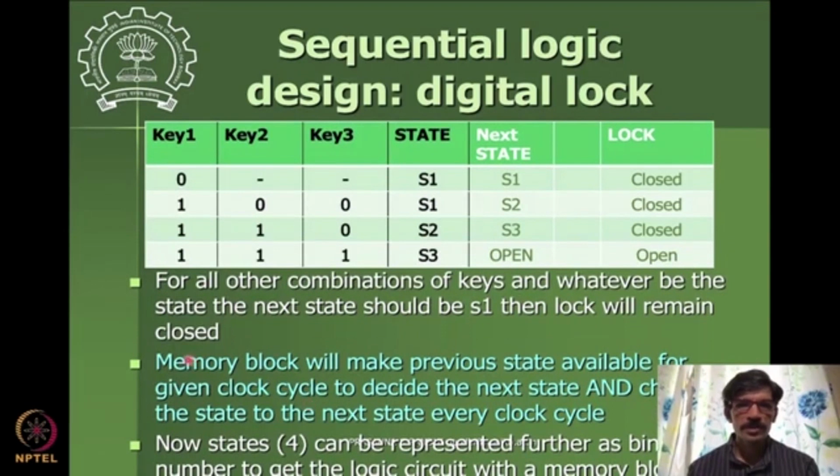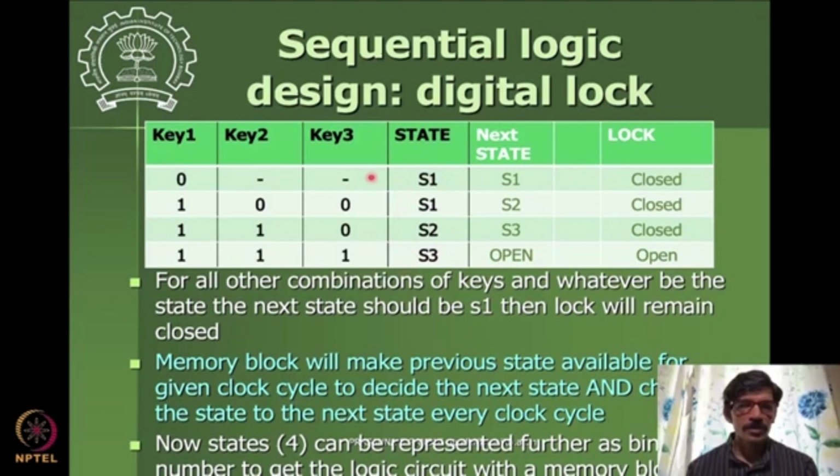So you can see here the key 1, key 2 and key 3 are the 3 inputs, and the previous state is another input, and the next state is the output of the system, the output of this logic table. You remember your combinational logic always has some inputs and some outputs. So here inputs have this additional input which is based on the memory. This previous state is the memory here.